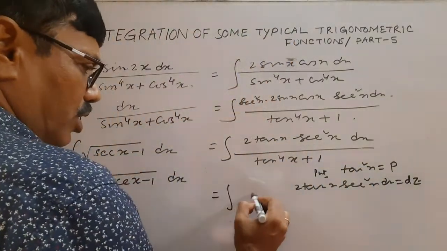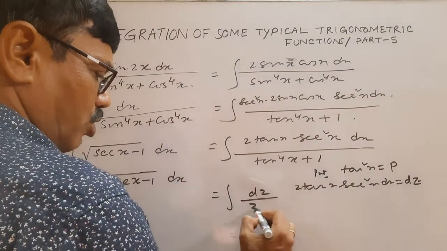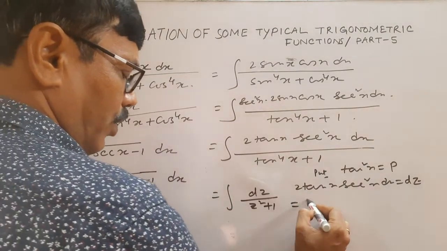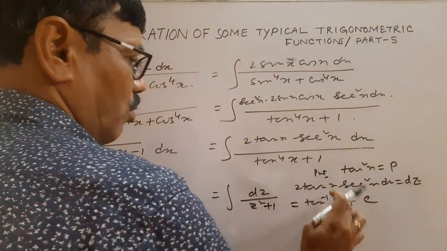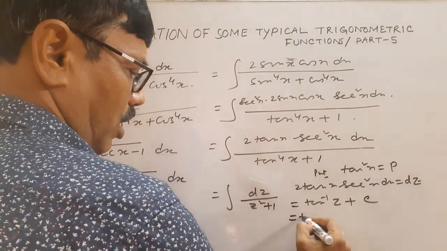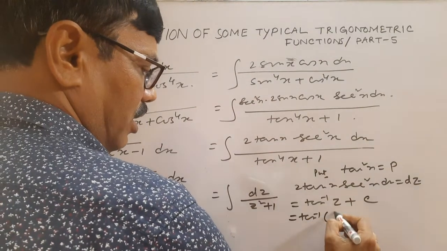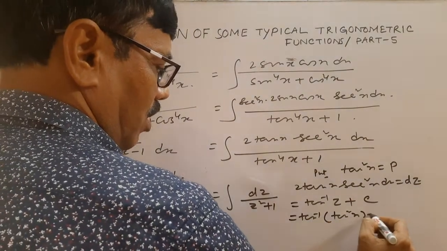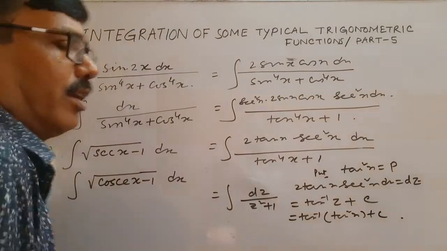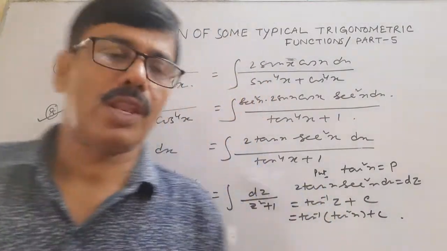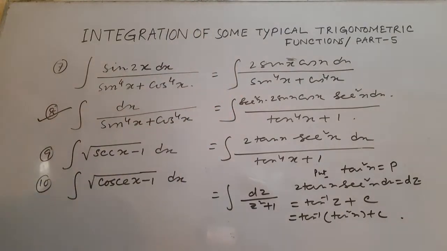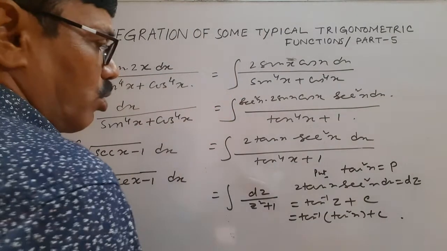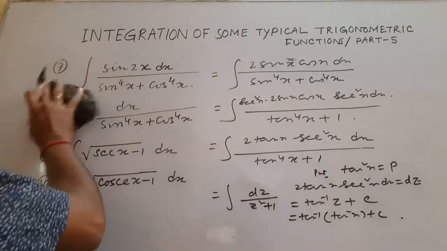So this is dz by z square plus 1, so tan inverse z plus c. So what is z? tan square x. So tan inverse of tan square x plus c. So multiply by sec to the power 4x dx, then put tan square x equals to z.